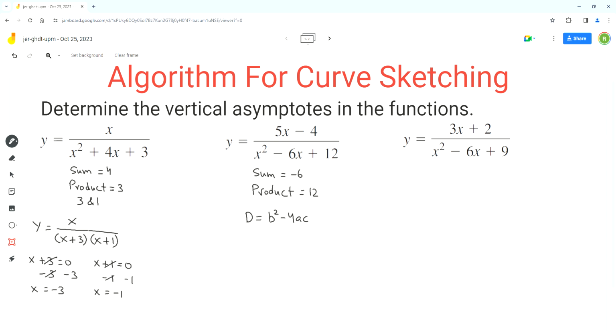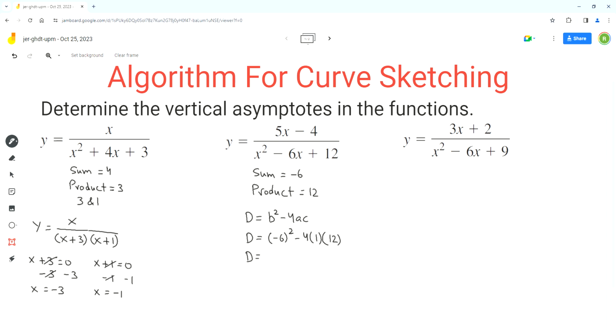so this is the formula. Now we can sub in the A, B, and C values. In this trinomial, B is -6, A is 1, the coefficient of x squared, and C is 12. Now we can simplify this expression.